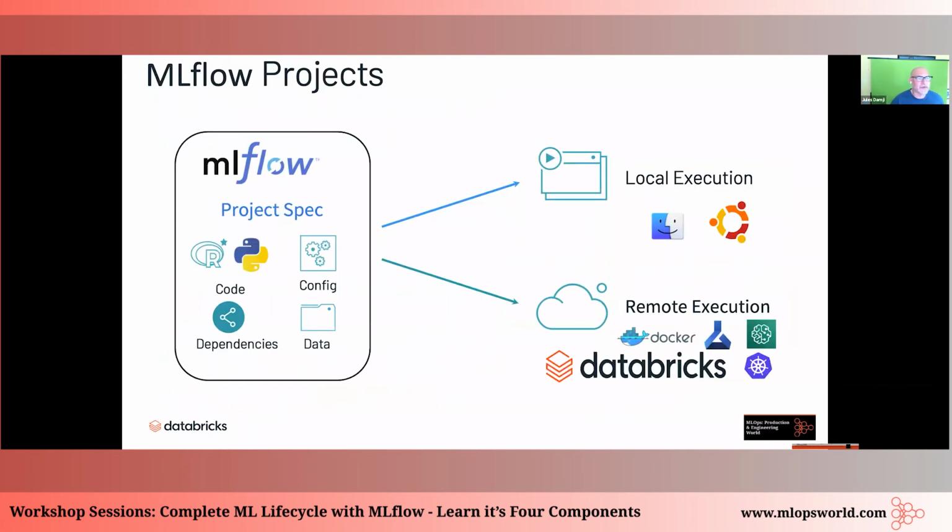And so the solution was, what if you encapsulate the entire project and capture all the code, all the configs, all the dependencies, and all the data references in what is called a project spec, so that you can take the project spec and execute it locally or remotely.